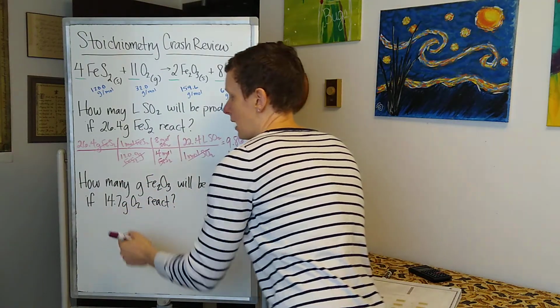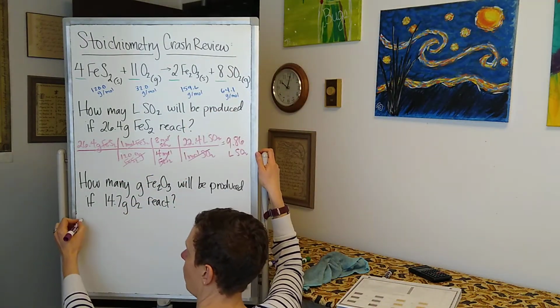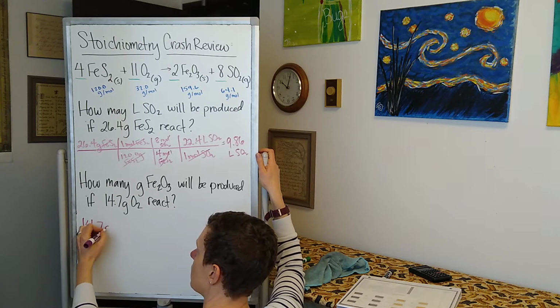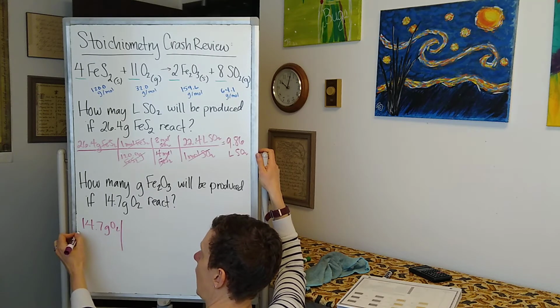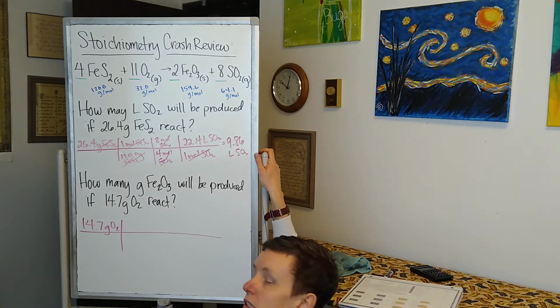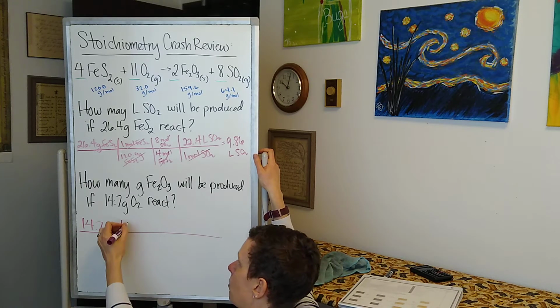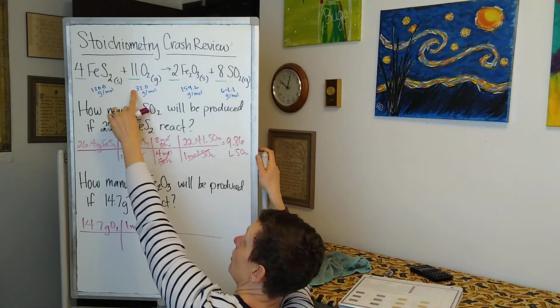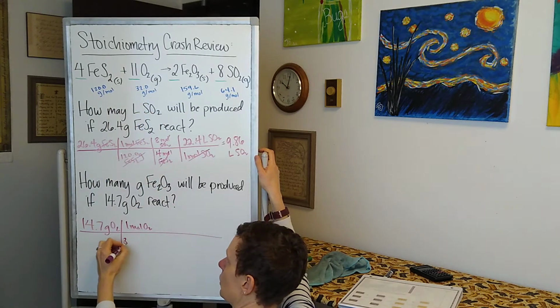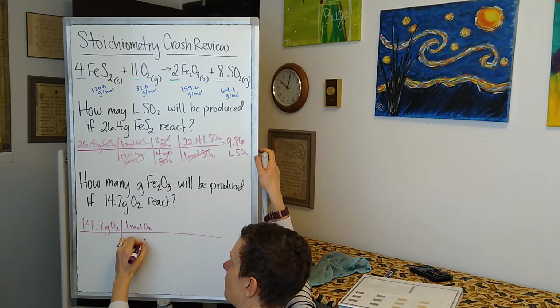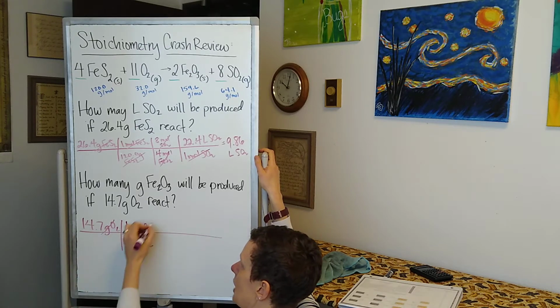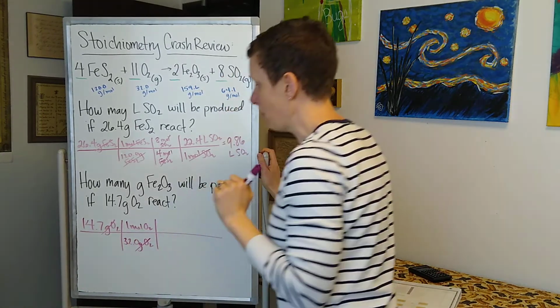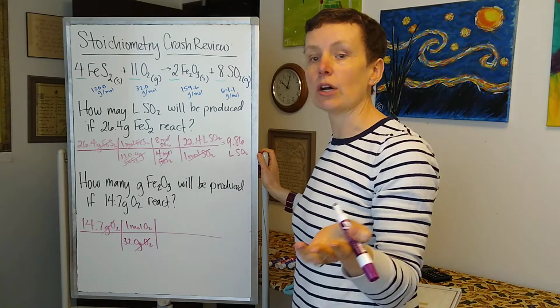So 14.7 grams of oxygen is my starting point. Anytime you're starting with mass, your first step is molar mass. So 1 mole of oxygen, and it's diatomic, so we had to double its mass. We get 32.0 grams of oxygen. Grams cancel out. My next step after I'm in moles is the mole ratio.